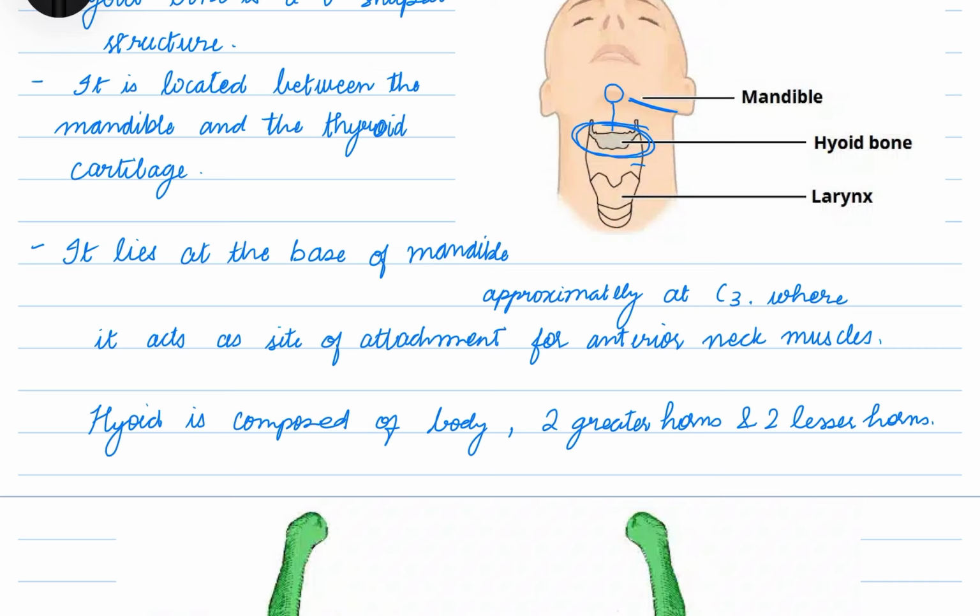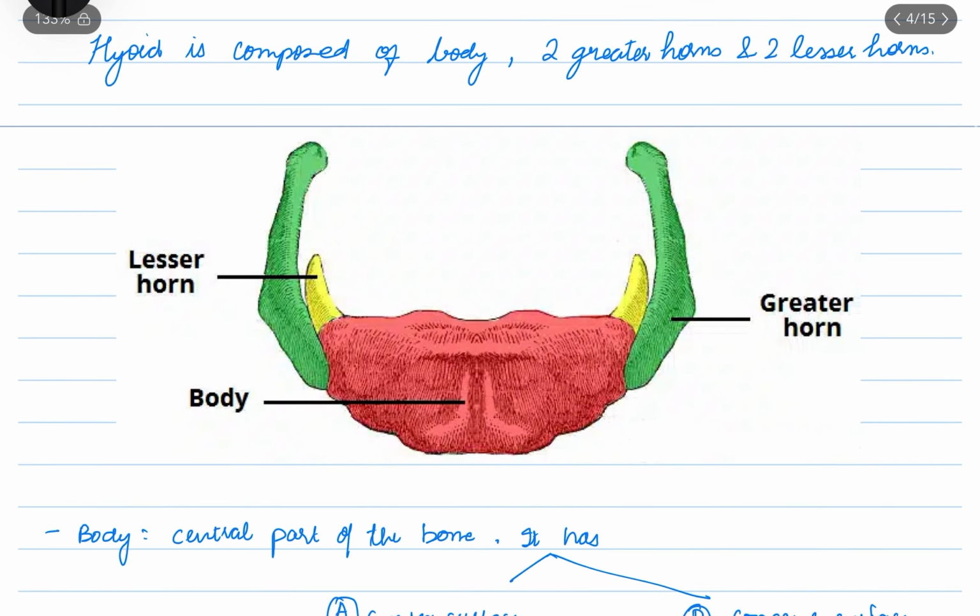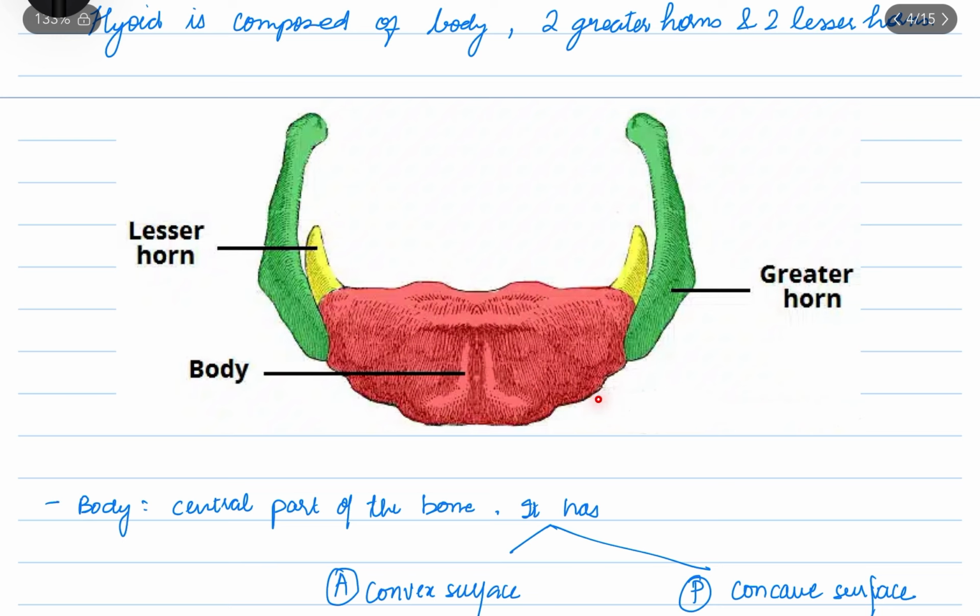All the neck muscles attached over here, it acts as a site of attachment for the muscles. The hyoid is composed of a body, two greater horns and two lesser horns. The one marked with green is the greater horn on both sides, the one marked with yellow is the lesser horn on both sides, and the one marked with red is the body of the hyoid bone, which is the most important structure.